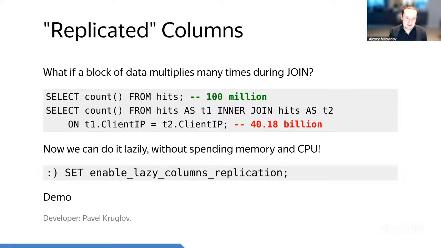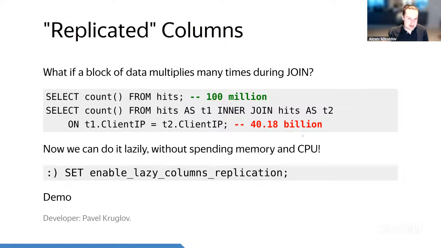Like in this example, we have a table hits with just 100 million records. And if we join this table to a similar table or just by itself, on a condition like if the IP address matches, it will generate 40 billion records, 400 times more.